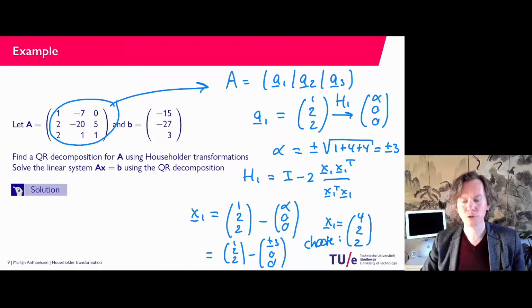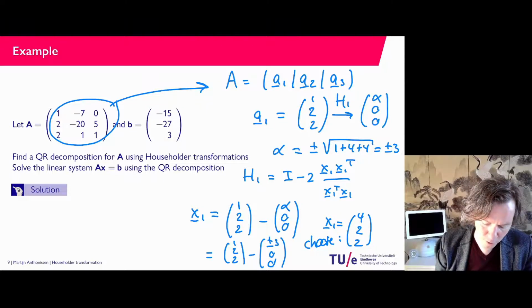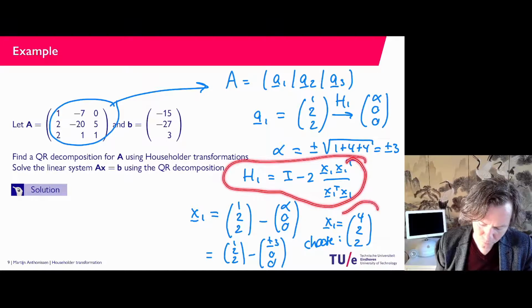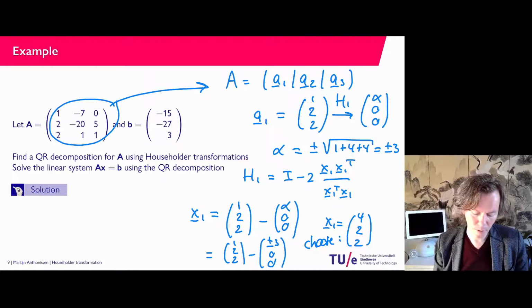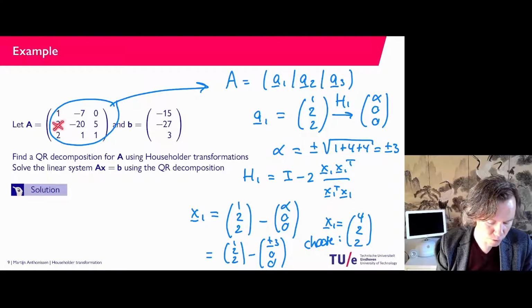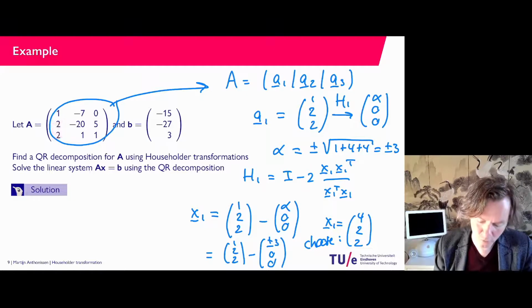That gives us the first Householder transformation. H1 with this choice for x1 should create zeros in the first column. So if I apply this to my matrix A, then this 2 and this 2 are going to disappear and become 0. So let's see if that indeed works out.